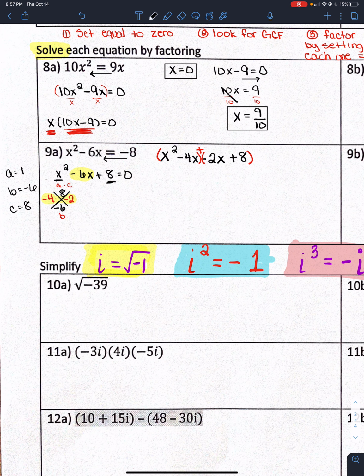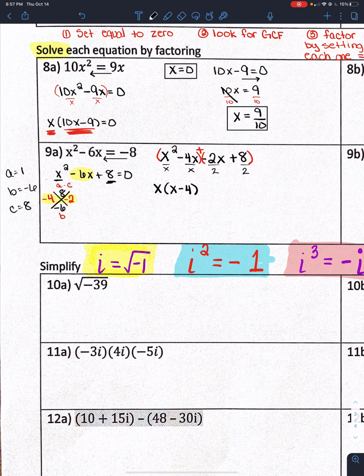Look at the first group. What do they have in common? So x squared minus 4x, they can both be divided by x. So the x comes out front, and I'm left with x minus 4. Looking at the second group, they can both be divided by 2.